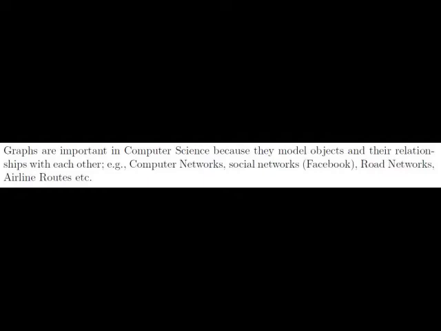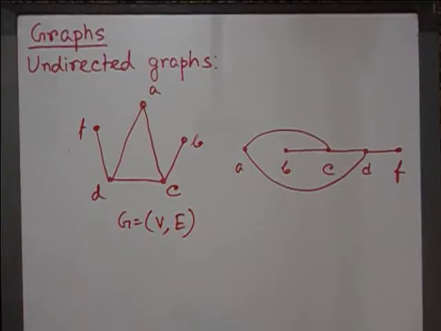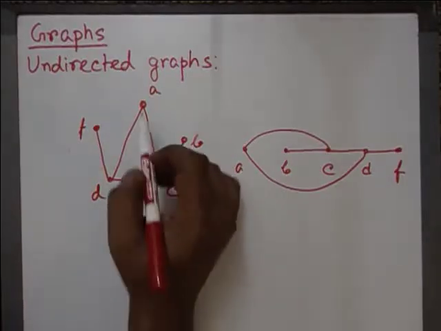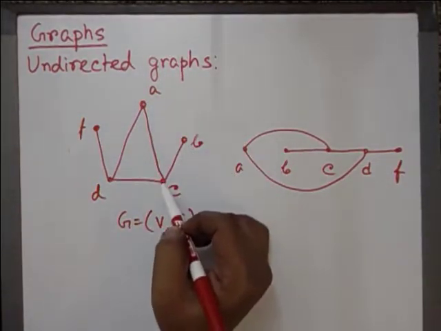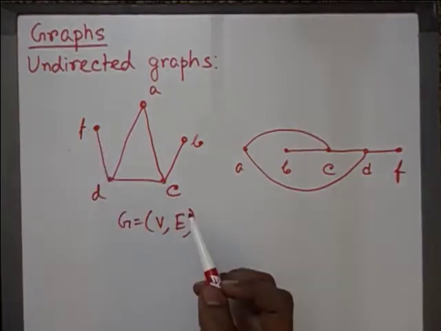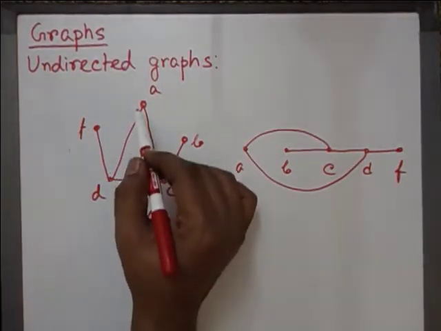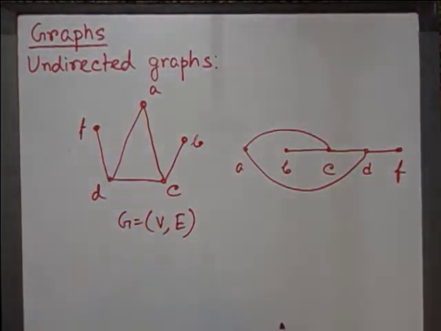Undirected simple graphs or just undirected graphs are used to model different objects in computer science. Most of them you are familiar with. For example, networks. So each of these vertices can be a computer and there is an edge if these two computers are connected by an Ethernet cable or through the internet.